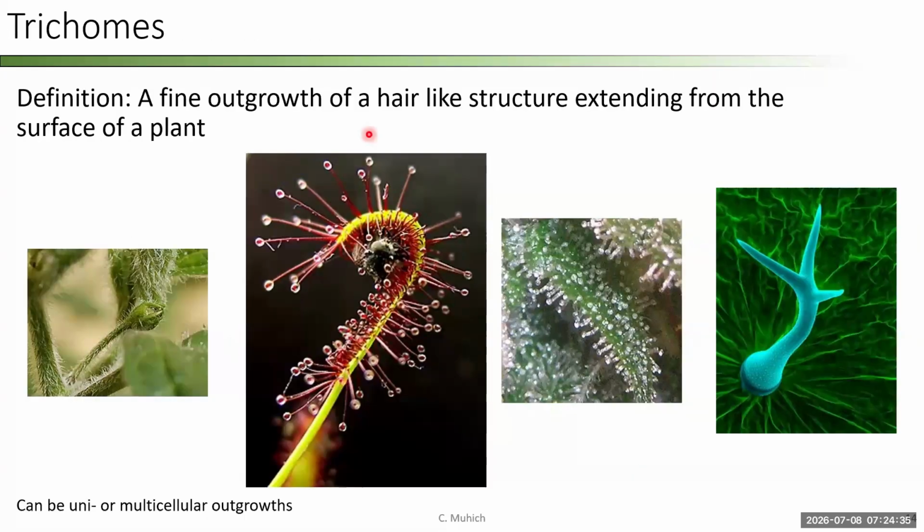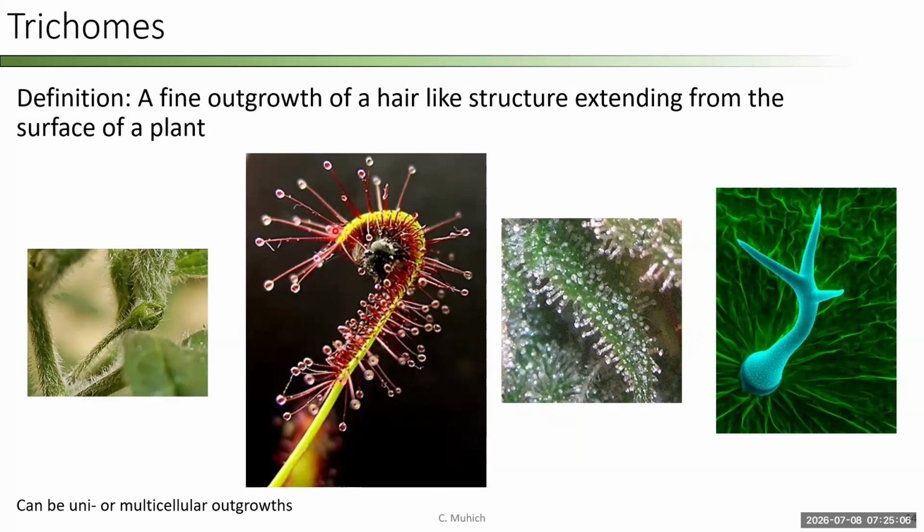So our trichome is a fine outgrowth of a hair-like structure which extends from the surface of the plant. Here I've shown pictures of several different zoomed-in plants, and you can see these hair-like spikes, and they come in different shapes and sizes, from very large on this sundew down to the microscopic, shown here for lavender.